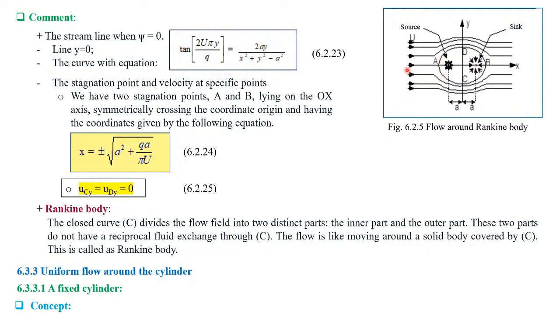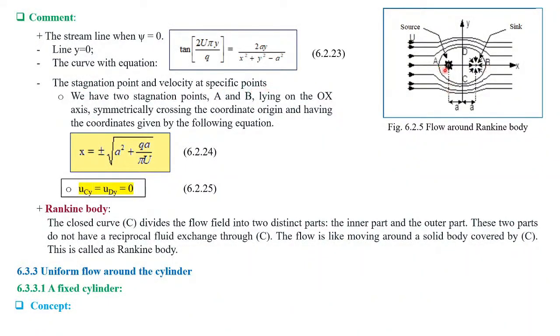That means finally the streamline when psi is 0 has two portions. The first one is on the x-axis outside of AB, and this curve is also a streamline. Now we come to the stagnation points and velocity at specific points.